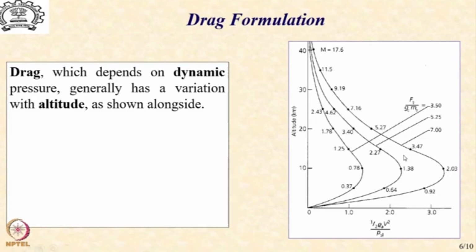Here it is worth noting that higher thrust to weight ratio indirectly reflects in a higher velocity in the lower atmosphere, so that a higher velocity in denser atmosphere generates higher dynamic pressure.